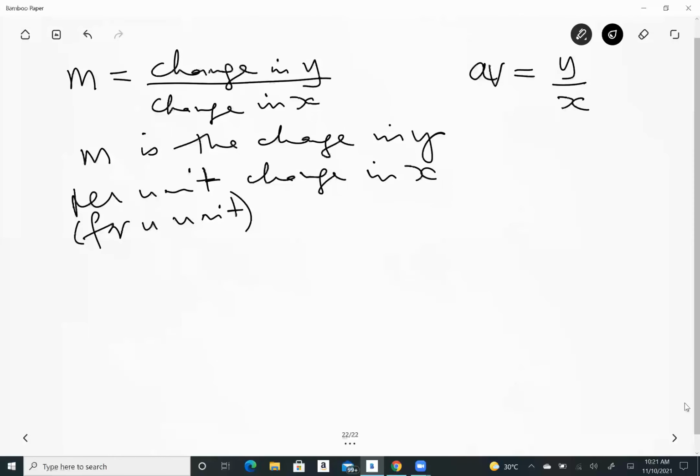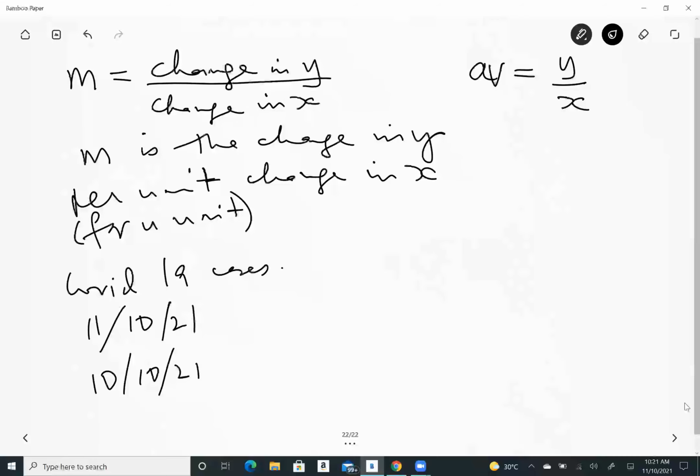So if you look at the example, the COVID-19 cases. Let's say yesterday was 10,021, and the day before that you have a different number.